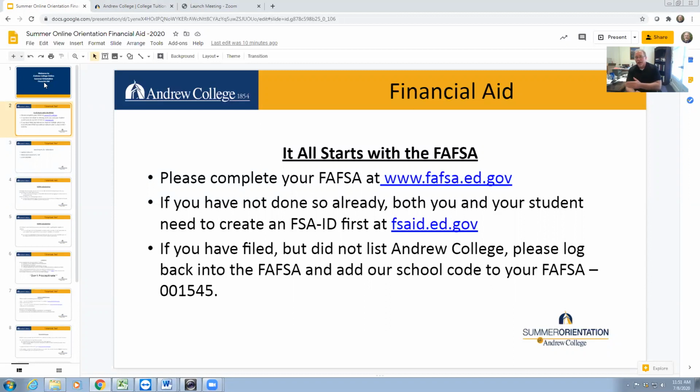But each individual student needs their individual FSA ID. Once you apply for it, which the verification process takes about 1 to 3 days, you'll be able to log in using your username or using an email address. For this reason, it's also very important that both the student and the parent use different email addresses when they set up the FSA ID.